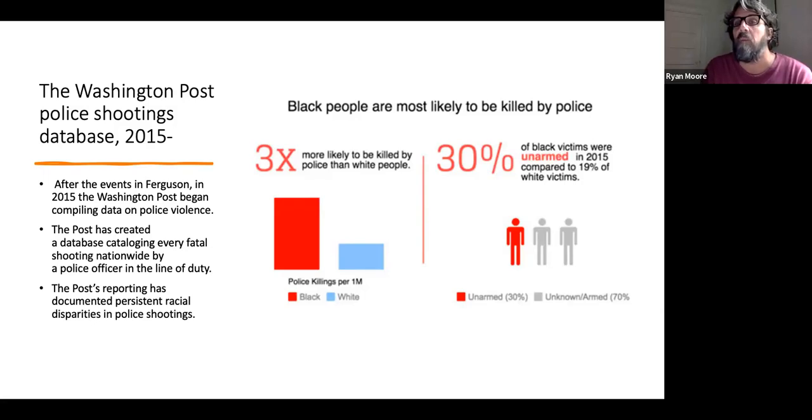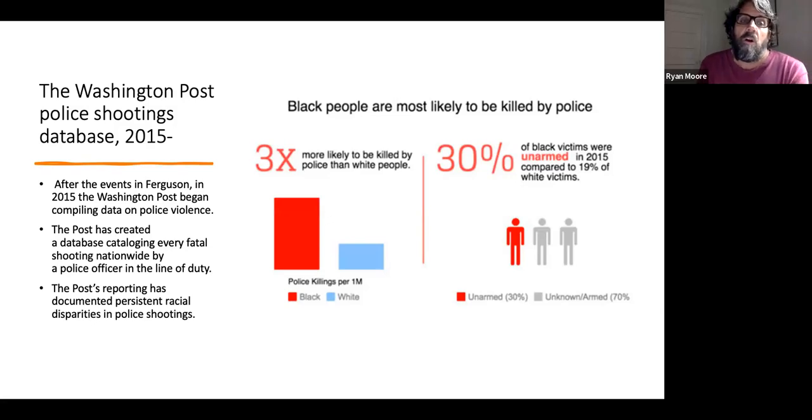They don't tabulate how many people they kill or what race they are or anything like that. But in response to the Ferguson uprising, the Washington Post starts to compile these numbers starting in 2015. So this is the first time that we really have any kind of reliable data on police violence.